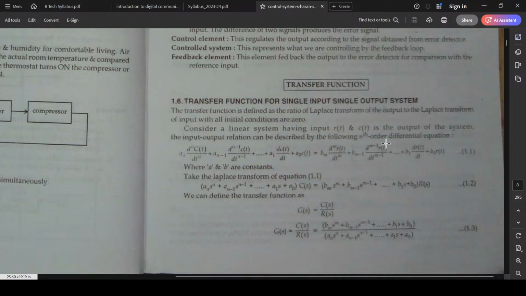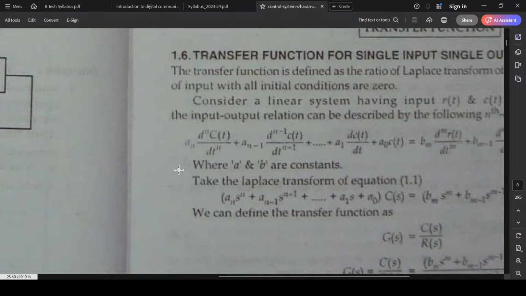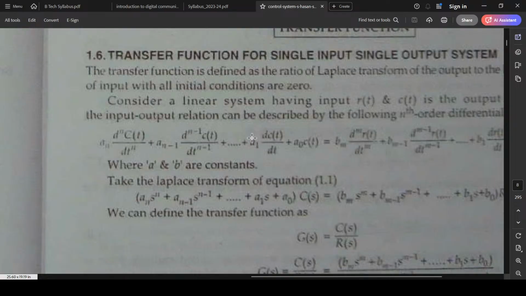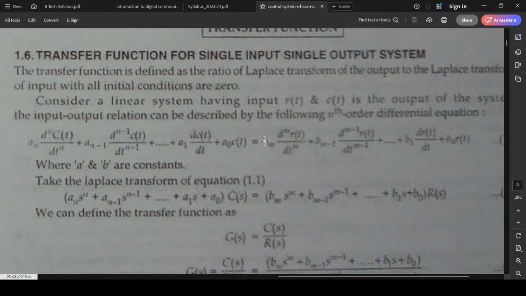The input-output relation can be described by the following nth order differential equation: a_n times the nth derivative of c(t), plus a_(n-1) times the (n-1)th derivative of the output, till a_1 times the first derivative of the output, plus a_0 c(t), is equal to b_m. Here we have taken n, and here we will take b_m, and similarly the m will get reduced down to 0.